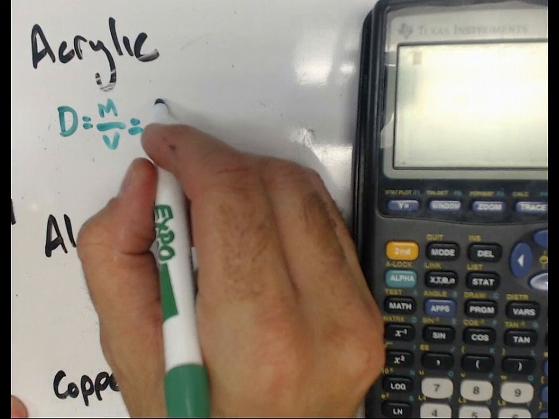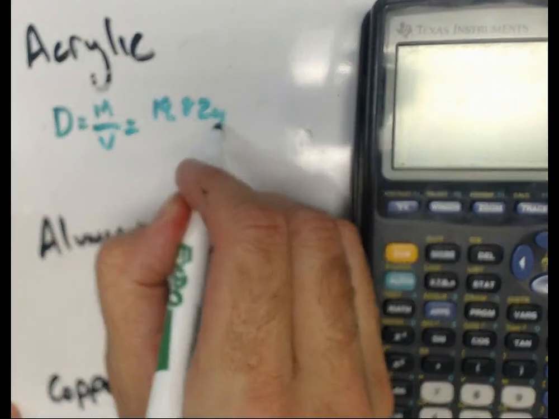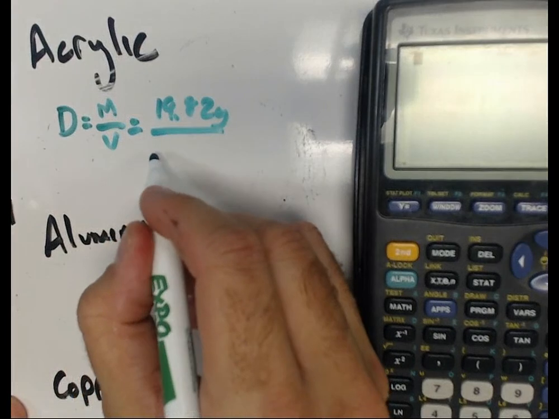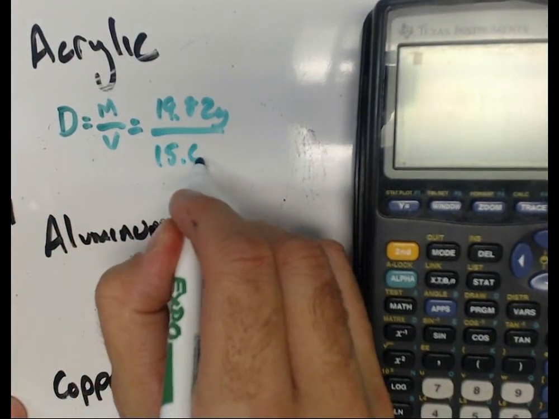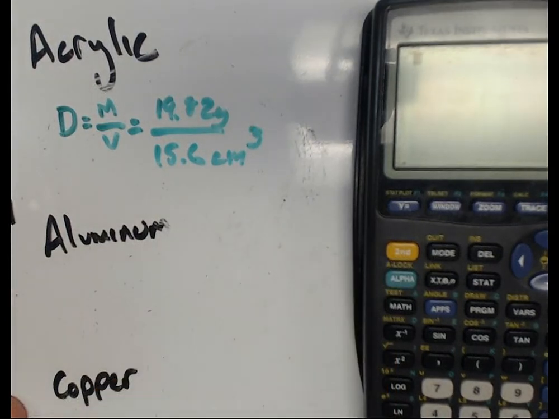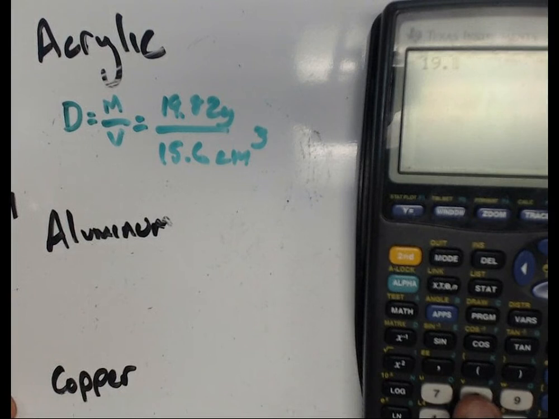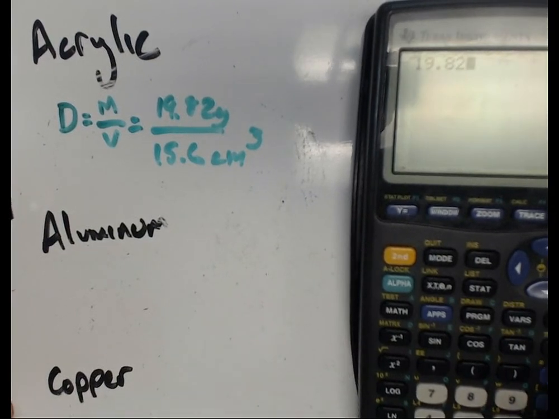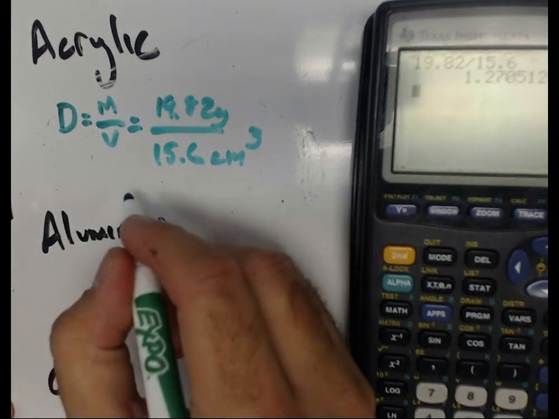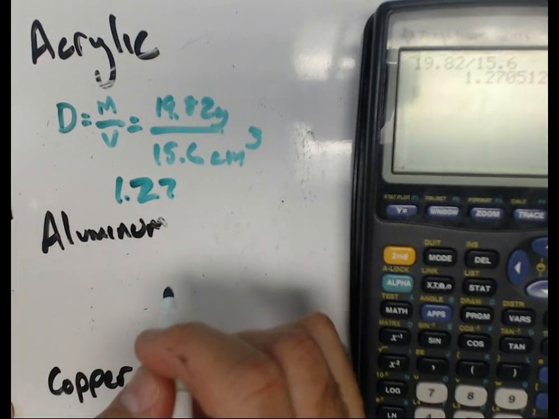The mass of that acrylic was 19.82 grams divided by 15.6 centimeters cubed. Now we plug that into our calculator: 19.82 divided by 15.6, and that gives us 1.27.